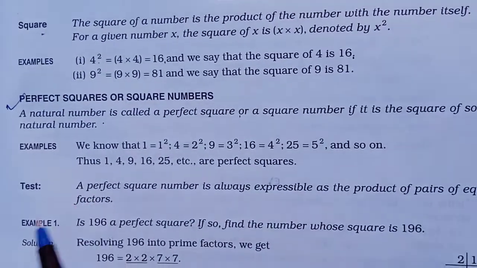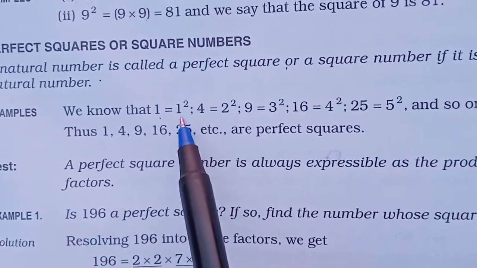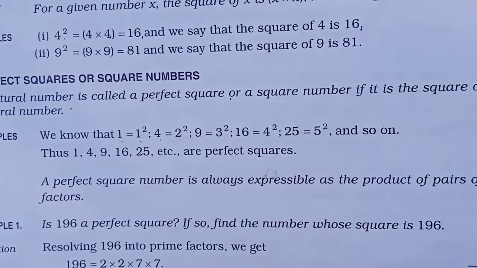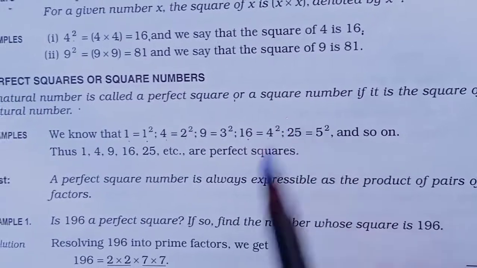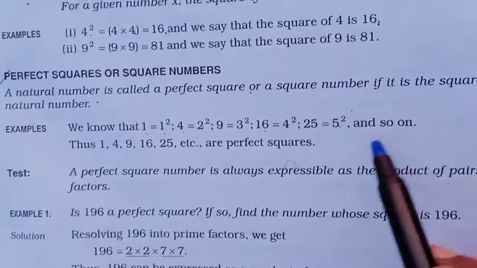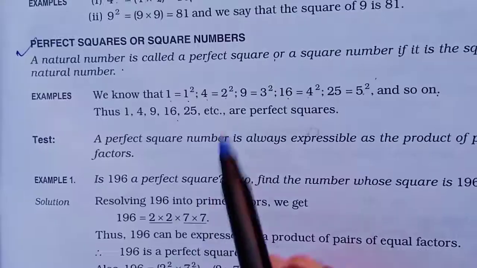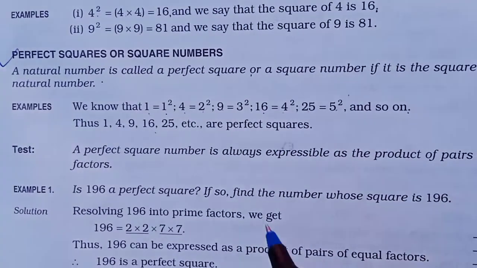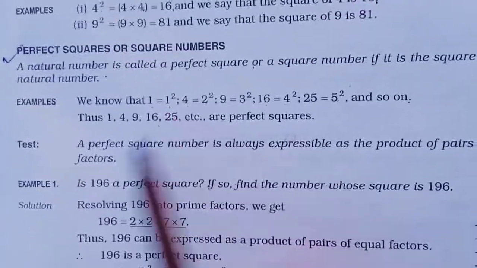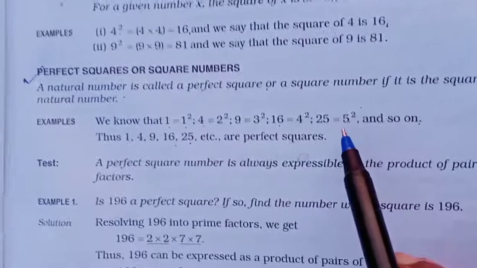Example, we know that 1 is equal to 1 square, 4 is equal to 2 square, 9 is equal to 3 square, 16 is equal to 4 square, 25 is equal to 5 square, and so on. Thus 1, 4, 9, 16, 25 etc. are perfect squares. So these numbers are perfect squares. 25 is a perfect square. Why? Because 25 is the square of 5.